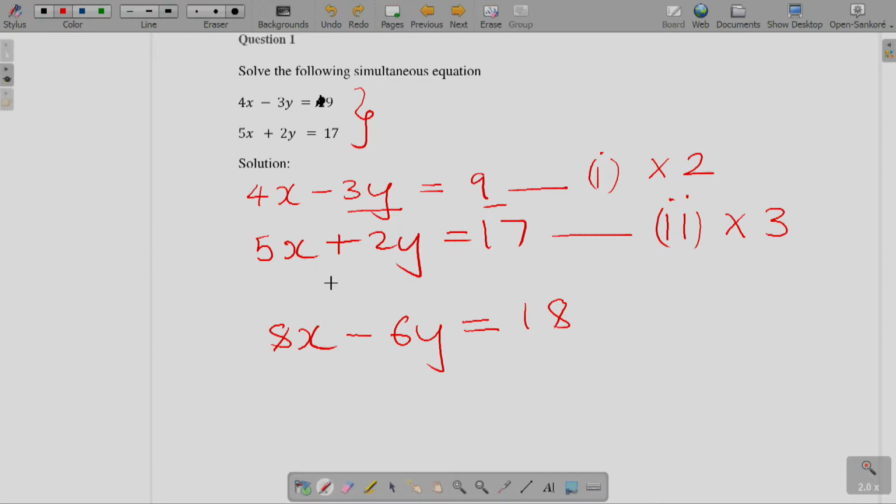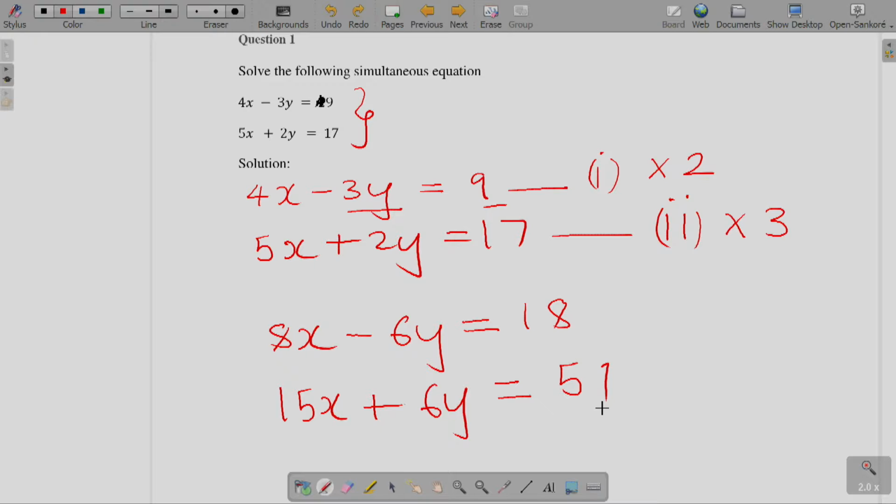Also on equation 2, 3 times 5x equal to 15x, plus 3 times 2y, so we'll get 6y equal to 3 times 17, so we'll get 51.